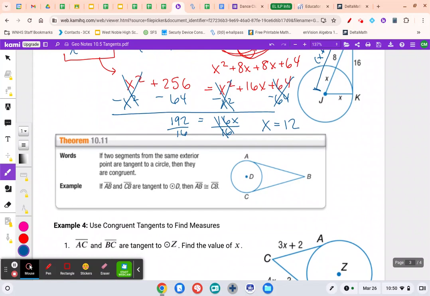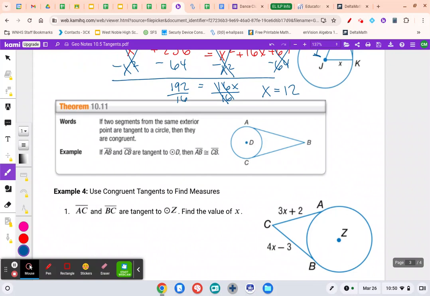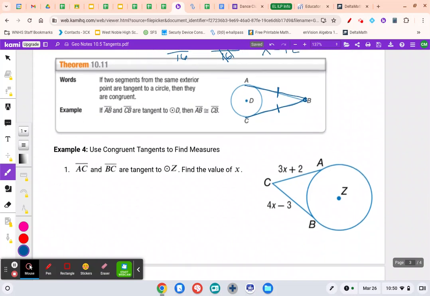Okay, theorem 10-11. If two segments from the same exterior point are tangent to a circle, then they are congruent. So this one's pretty cool. If you know that you have two tangent lines and they connect at a point, you know that these two are congruent. So we can solve. That's pretty nifty.